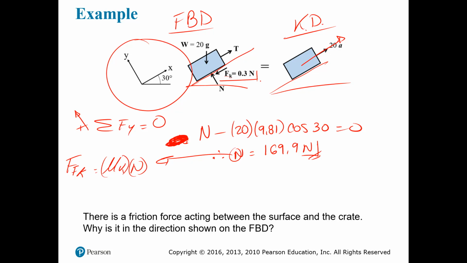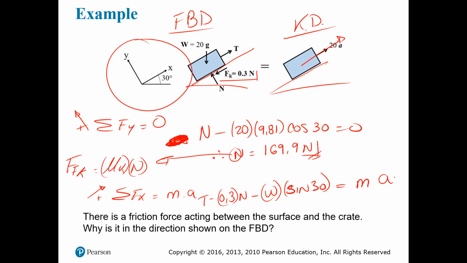So if we do the sum of forces in the x direction, going positive with the movement, this will be equal to ma. As I do this, I will have tension minus 0.3 times the normal force minus the weight that is going down, and this weight will be multiplied by the sine of 30, and then this will be equal to mass times acceleration.